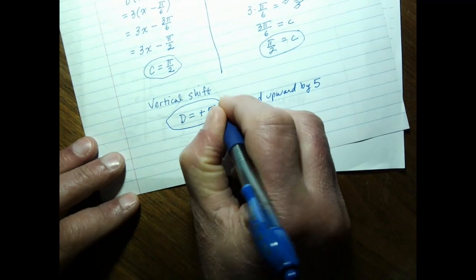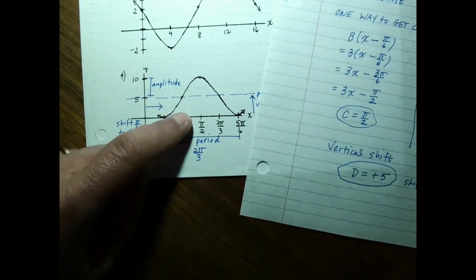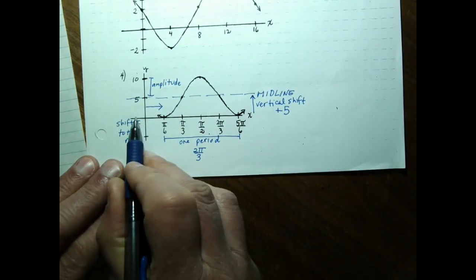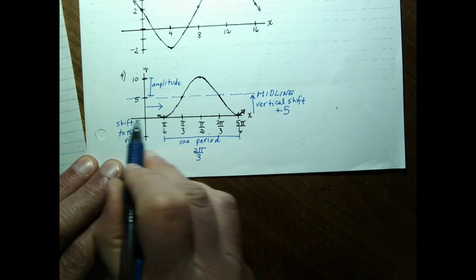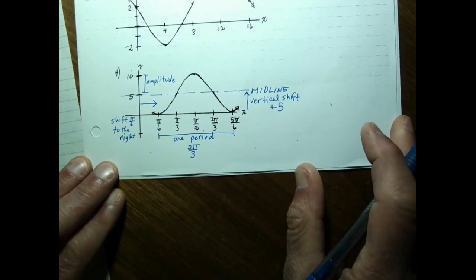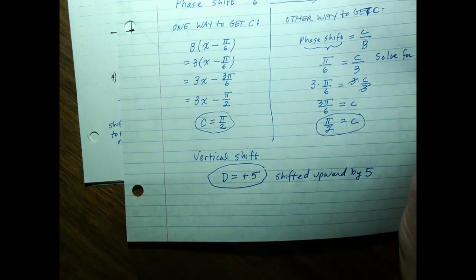So we can just read off our D value. D is positive. The graph is shifted upward because otherwise, if it hadn't shifted vertically, the midline would be right on the x-axis and part of the graph would be below. So I have values for A, B, C, and D.